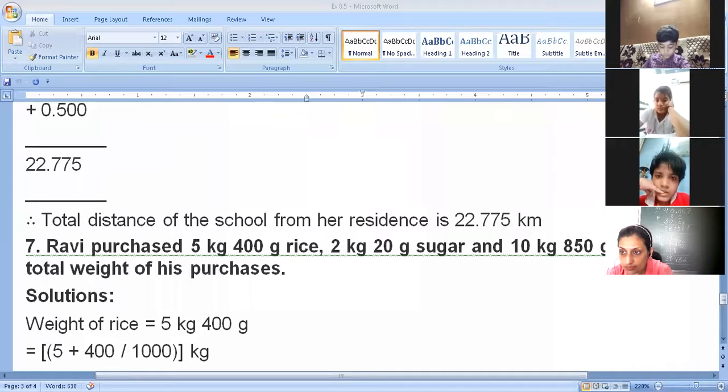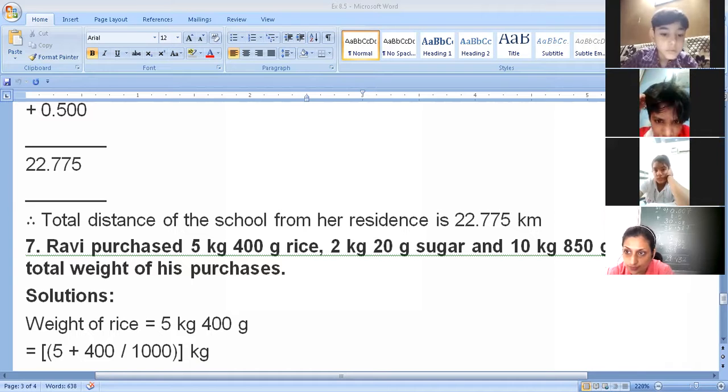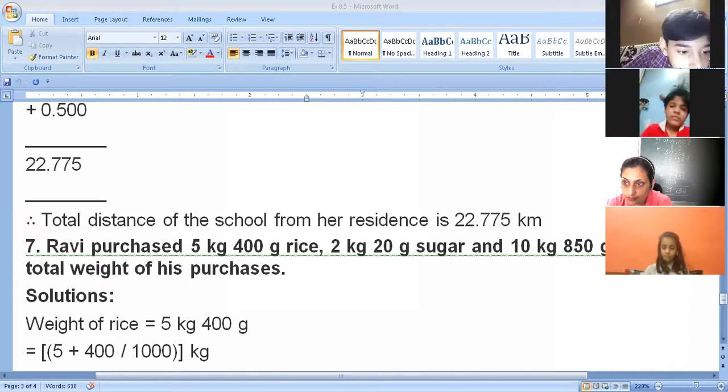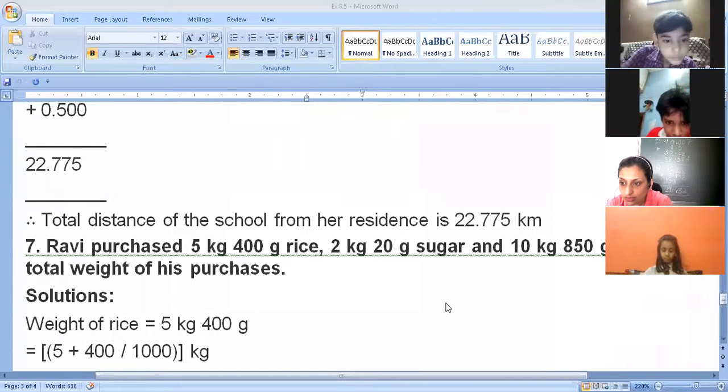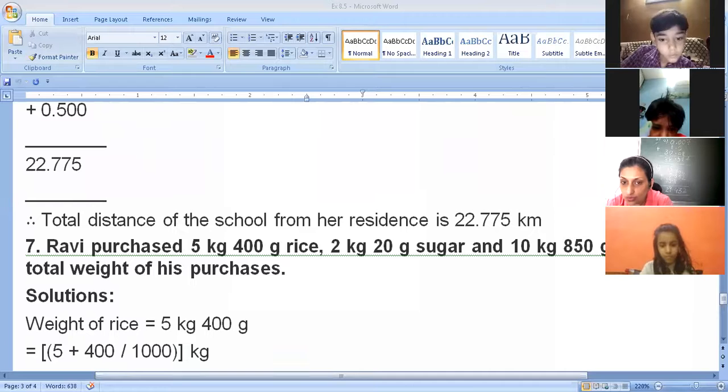Yes, Chirag. What will be the weight of rice? When you convert these numbers into decimal, what will be the answer? Yes, Jen. 400 divided by 1000.